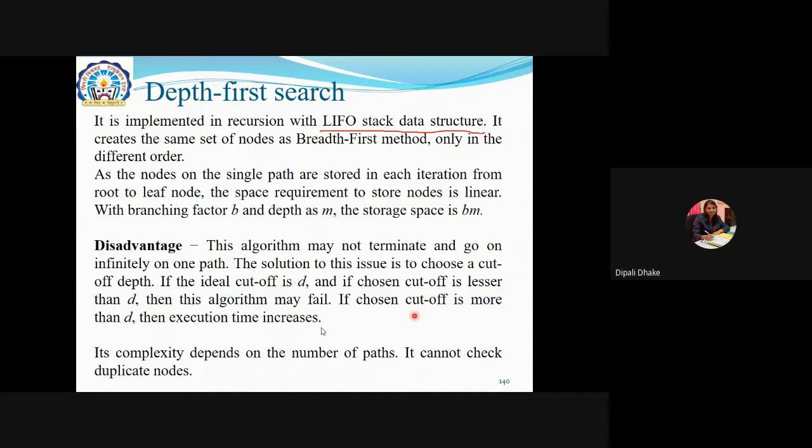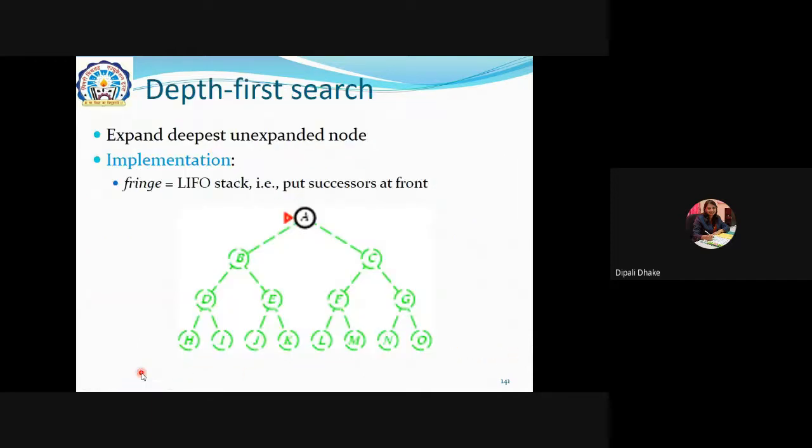If it is more, the execution time increases. Suppose ideally 4 is required and I follow 7, that means it will unnecessarily take more time, because it is not a terminating algorithm, and it goes on infinitely on one path. Understand? So its complexity depends on the number of paths. It cannot check duplicate nodes. So this is the DFS.